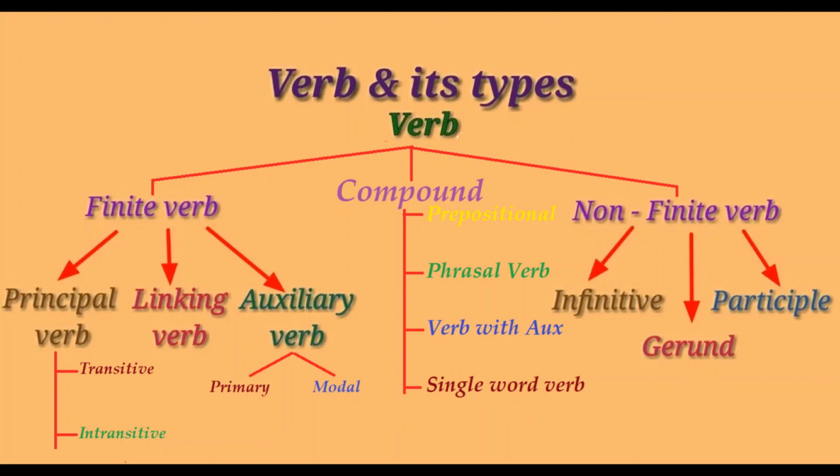Gerunds end in the ing form, and participles are verbal adjectives or adverbs, the present participle and the past participle, which forms the helping verb. So that is the non-finite verb.